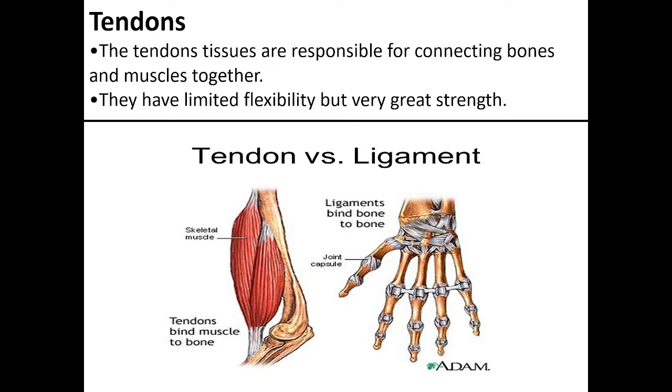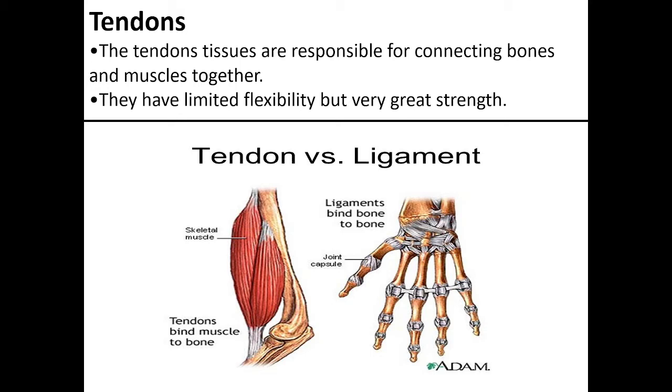Clear? These have a fibrous matrix. Now, fibrous matrix for what? For flexibility, correct? We have to move our bones and our muscles. That's why tendons have a fibrous matrix, and these fibrous tissues have great strength and limited flexibility. Flexibility is there, but limited, and they have so much strength.